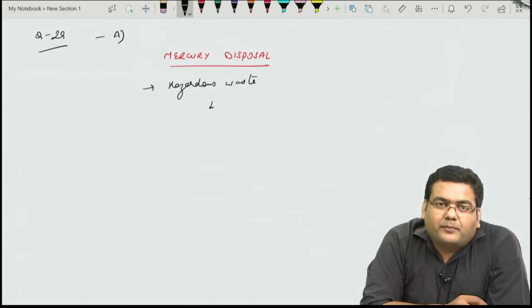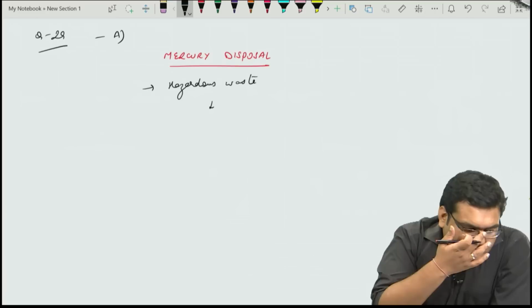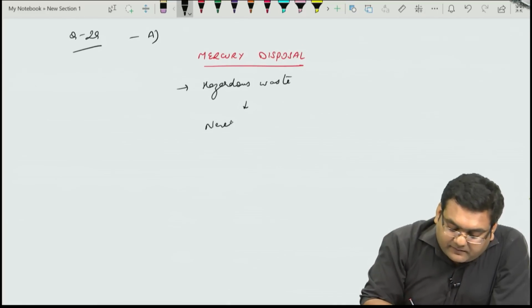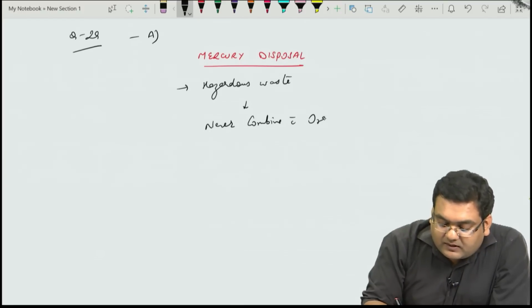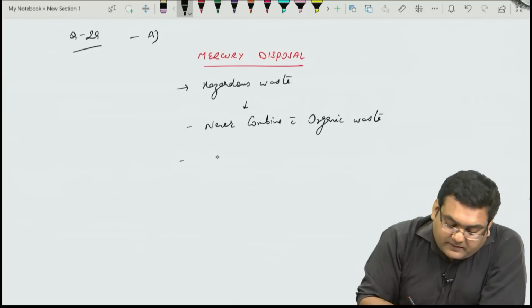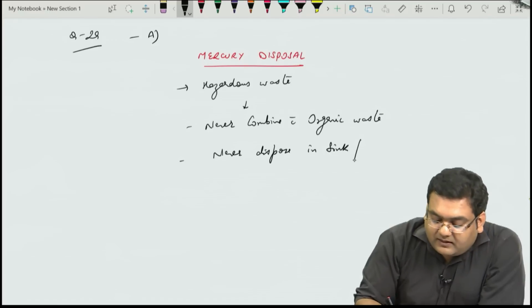Hence, proper treatment or disposal is very important to prevent contamination or pollution of water, air and soil. So important thing about this is never combine with organic waste. Never dispose mercury in sink or drains.